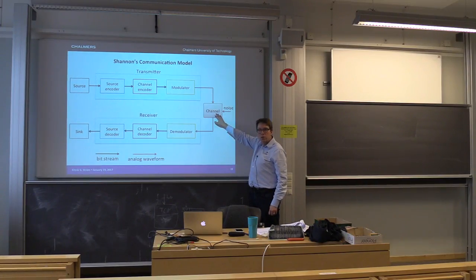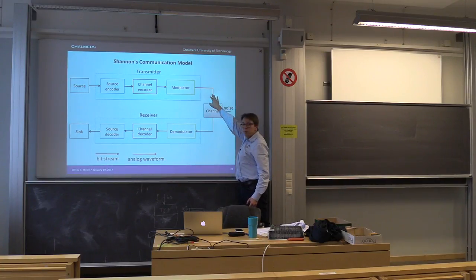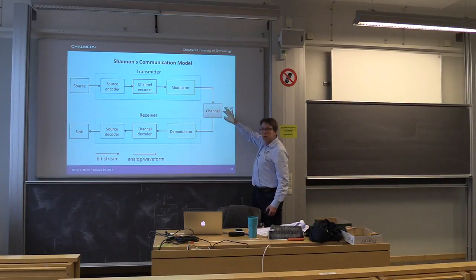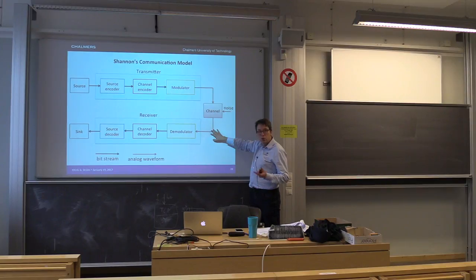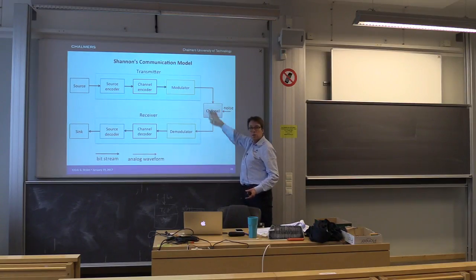This channel is not perfect. Every physical channel has some problems, right? And one problem, the simplest problem we can think of, is that it adds noise to the transmitted signal. So the transmitted signal here from the transmitter is disturbed by this noise. So the receiver sees a noisy version of what was sent.